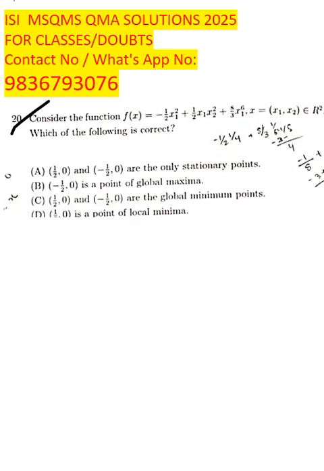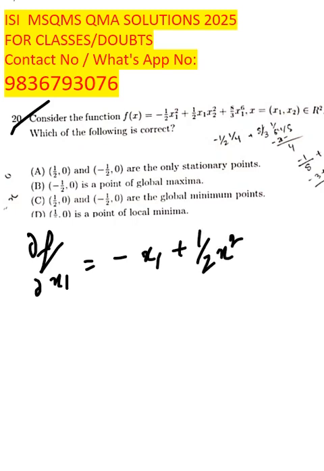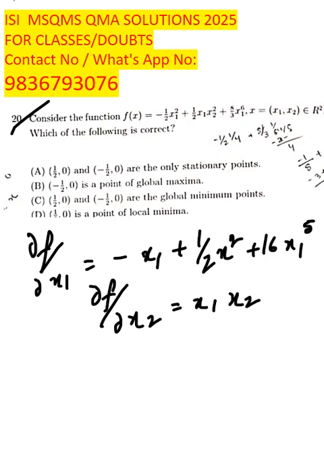Okay, so first we'll find out the stationary points where the gradient is zero. So first we'll calculate the partial derivatives. Del f with respect to del x1 is -x1 + 1/2 x2² + 16 x1⁵. Del f with respect to del x2 is x1 x2.